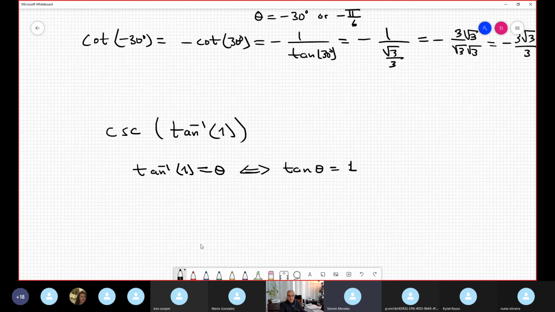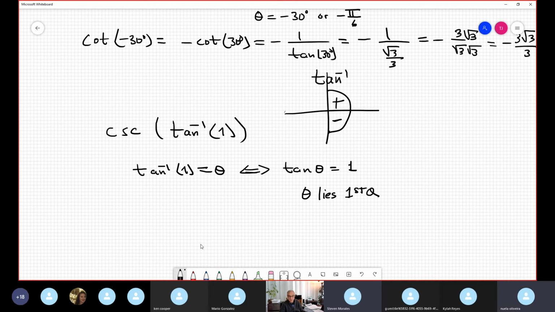And in what quadrant does it lie? The convention for the tangent inverse is that if the value is positive, it is in the first quadrant; if the value is negative, it is in the fourth quadrant. So theta lies in the first quadrant. 45 degrees, very well. We discovered that it is 45 degrees, and the rest is easy.